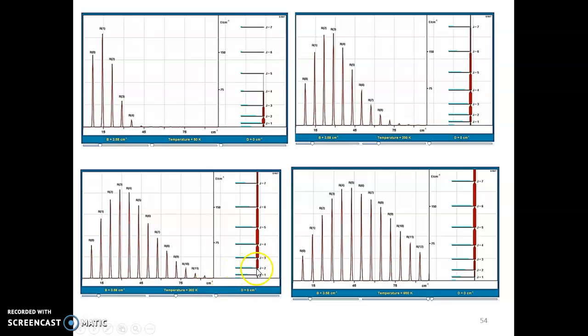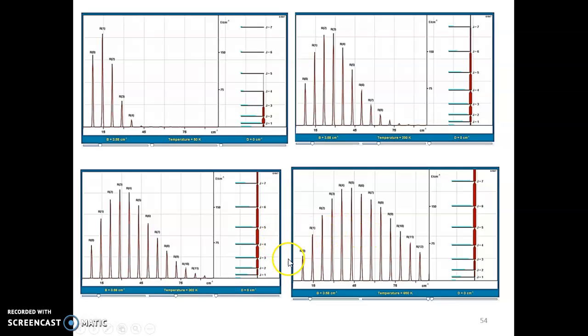At 300 Kelvin, you see the population keeps increasing and the distribution curve changes as the temperature increases. Our B is kept constant. This is for the same molecule. This also buttresses the point mentioned in a previous video that rotational energy levels are close apart and are easily populated, unlike vibrational and electronic energy levels that require much energy to excite them.